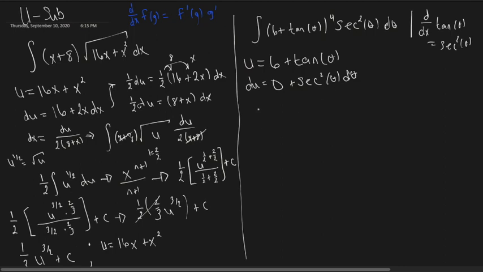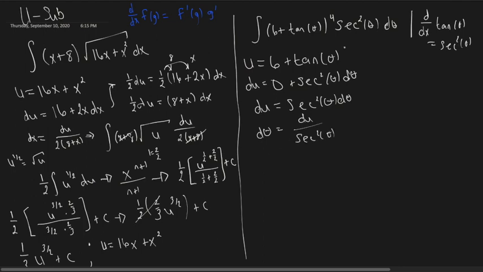So we get that du is equal to secant squared theta d theta. So we get that d theta is equivalent to du over secant squared theta.